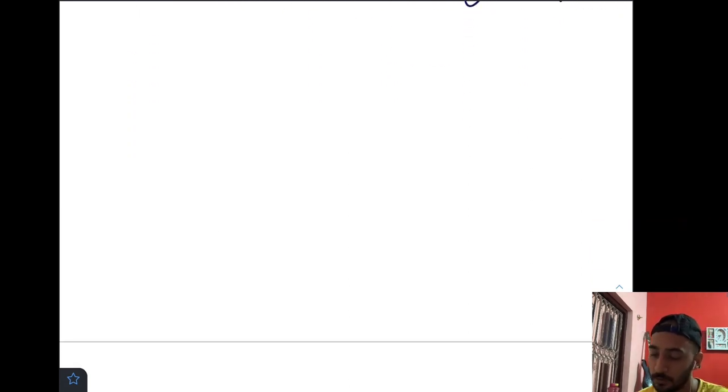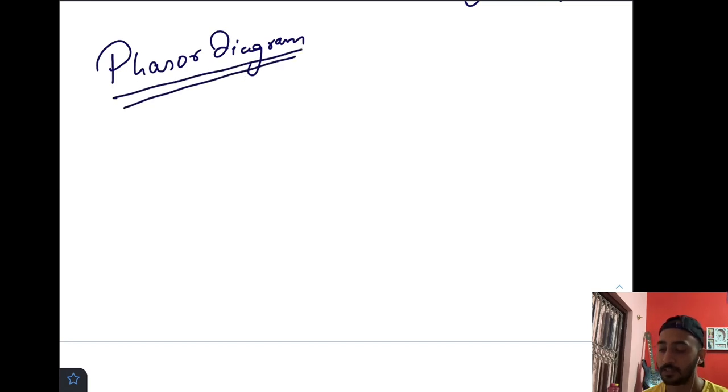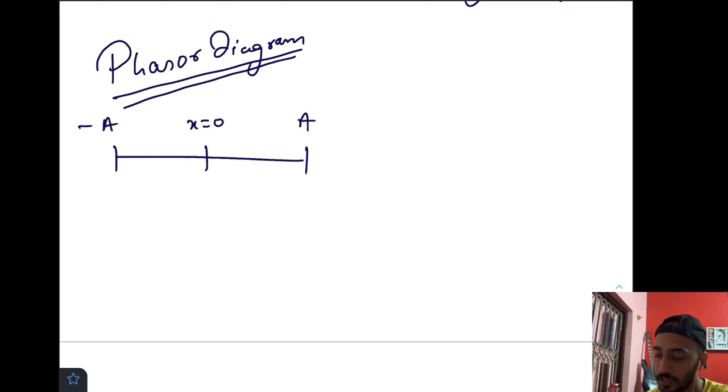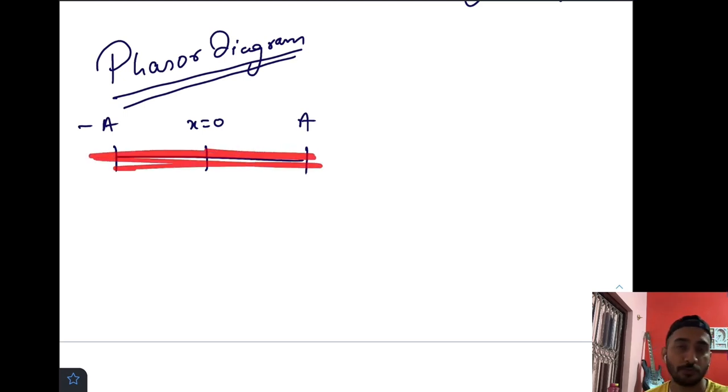Okay, so let us go to our actual topic, that is phasor diagram. Phasor diagram is basically the circular analogy of a simple harmonic motion. We know that when a particle performs simple harmonic motion, its motion lies between minus a to plus a, and it moves like this, to and fro motion.